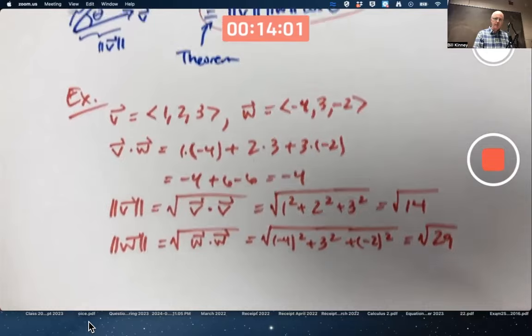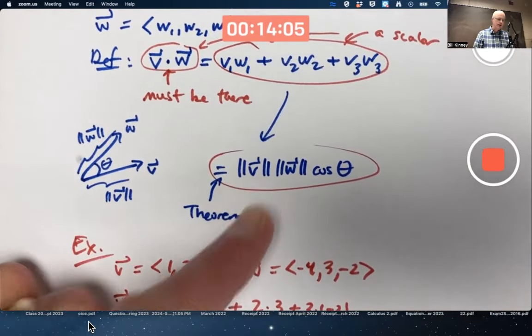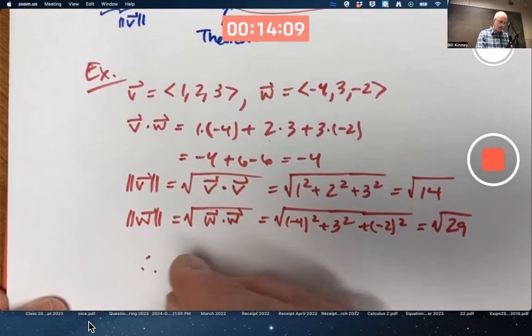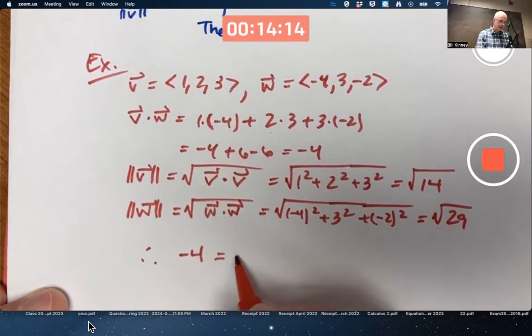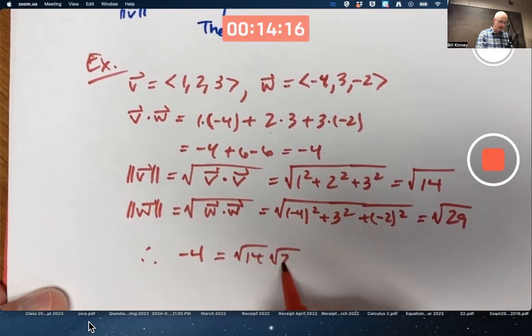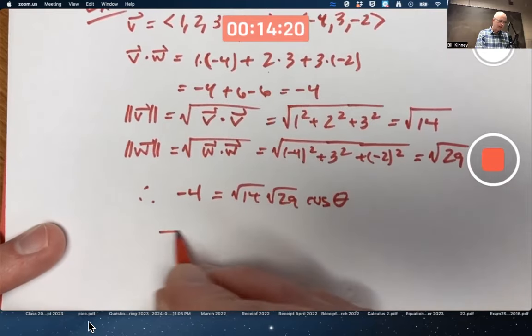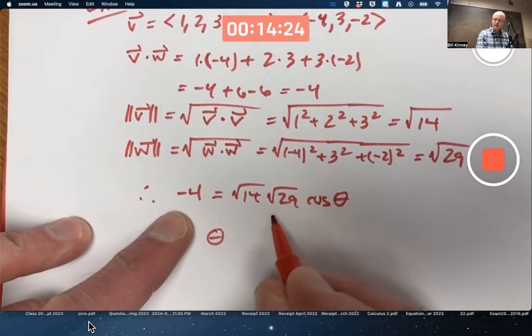So now use the theorem. The dot product equals this. Therefore, -4 is square root of 14 times square root of 29 times the cosine of the angle. So the cosine of the angle is -4 divided by the product of those two things.